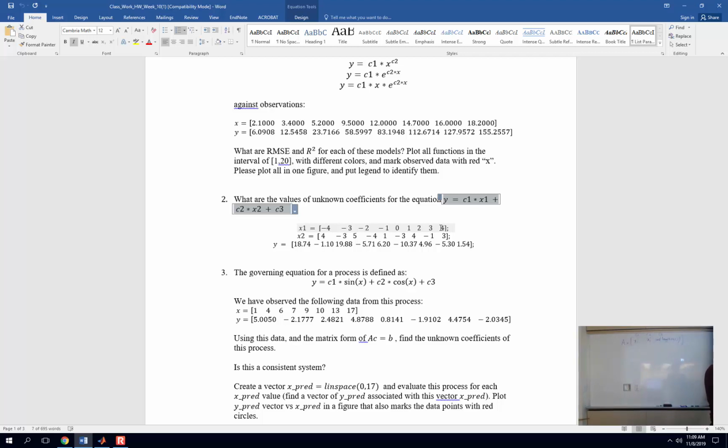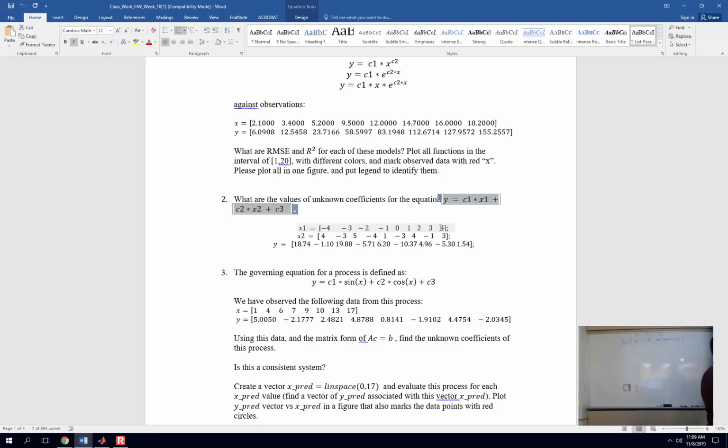I have 9 rows, 1 column. For c3, I need 1, 1, 1, 1, 9 of them, right? So I have 9 rows, 1 column. Length of x will give me 9. Comma 1 will give me 9 by 1.